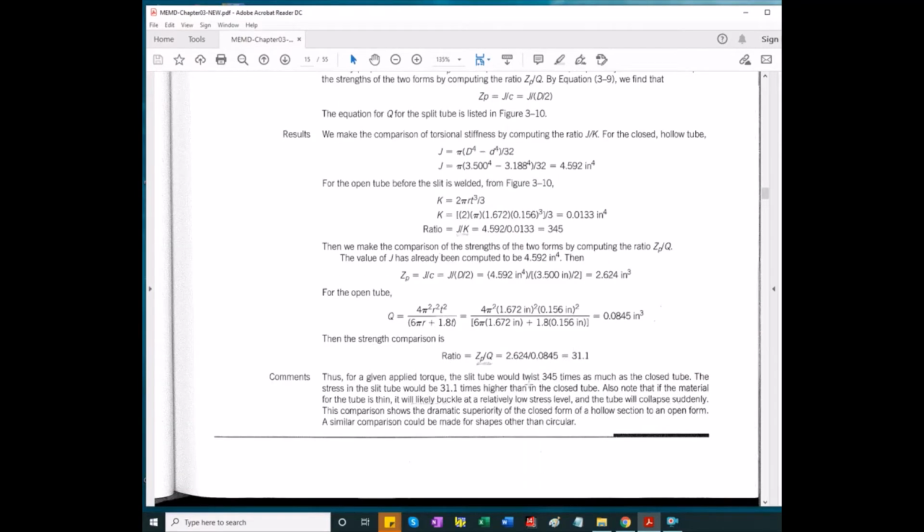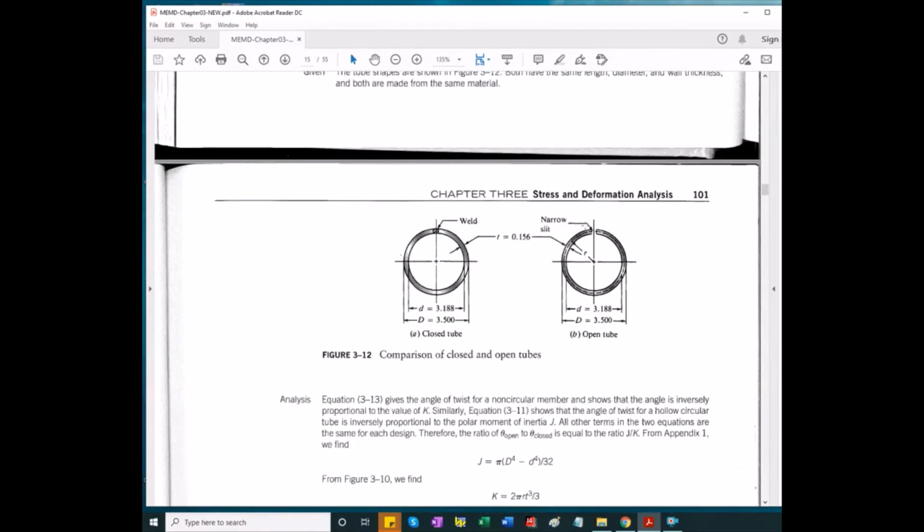It shows that the angle of twist is 345 times bigger for the split tubing, and the stress goes up 31.1 times versus the welded tubing, quite substantial.